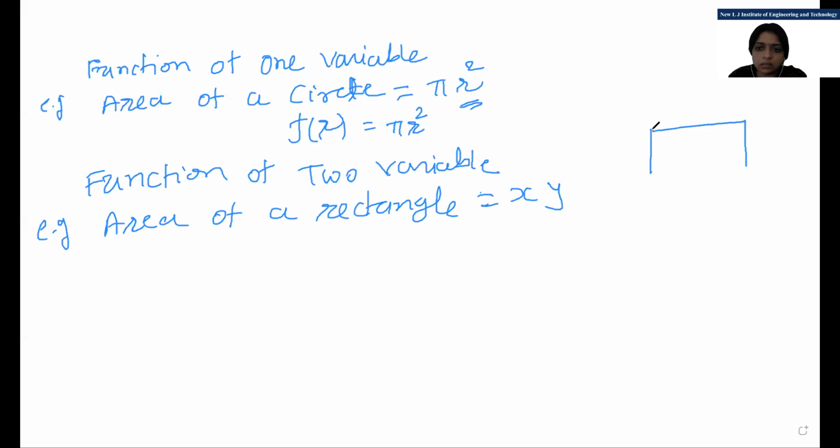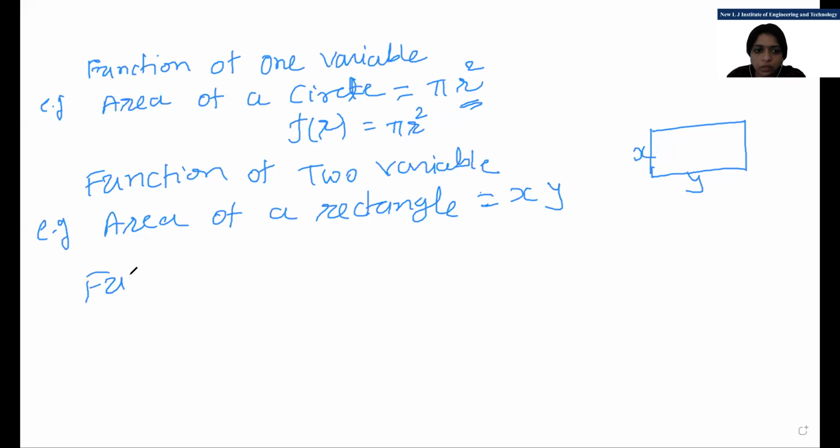Suppose this is our rectangle, with area x into y, and as you all know, length and breadth are different here. So the area of a rectangle is our function, and this function has two variables, one variable is x and the other is y, right?